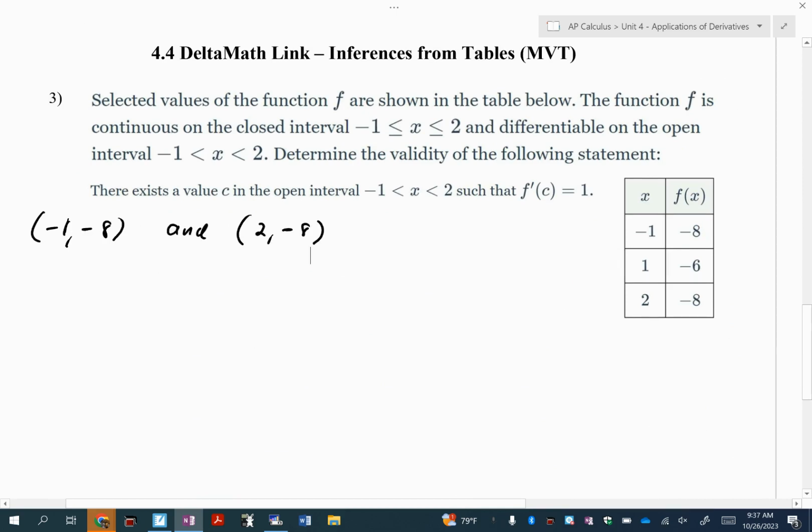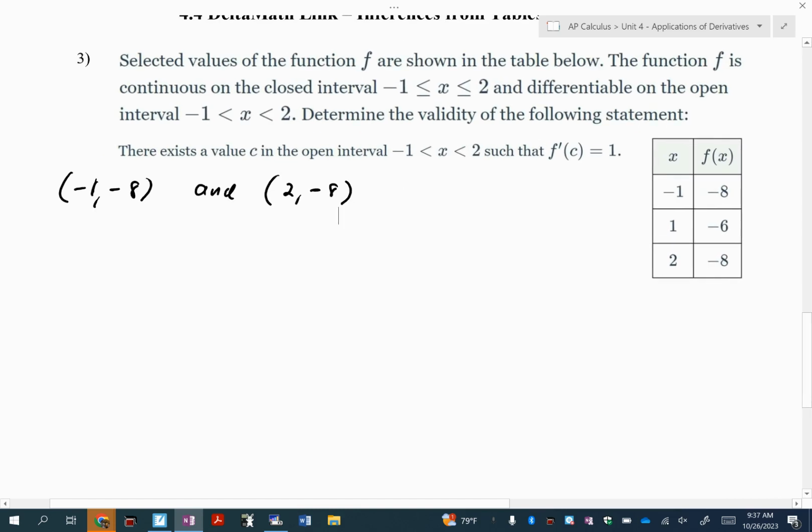So let's find the slope of that secant line. The slope is going to be -8 minus -8 over 2 minus -1. What is the slope of this secant line? It's 0. 0 over 3, which is 0.